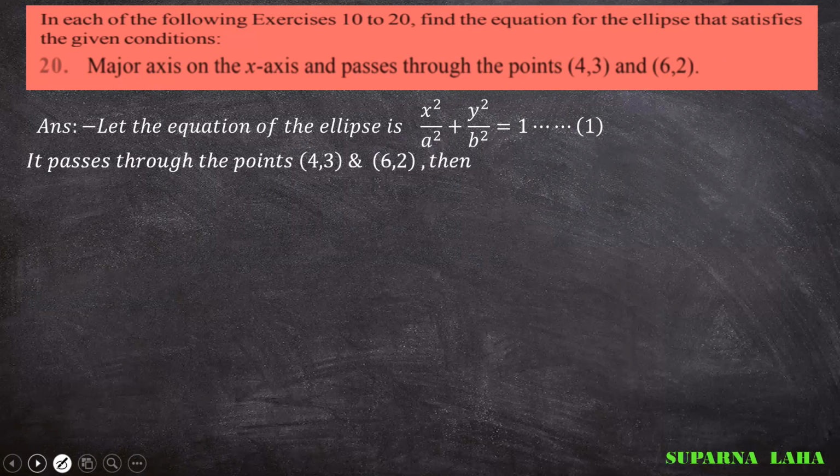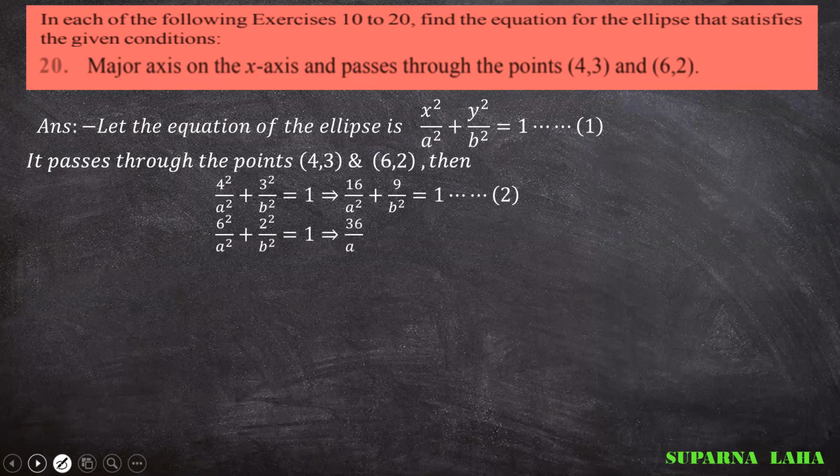We can put x is equal to 4 and y is equal to 3 in the first equation, that is 16 by a square plus 9 by b square equals to 1. And in the second equation, we put x is equals to 6, y is equals to 2, that is 36 upon a square plus 4 by b square is equals to 1.